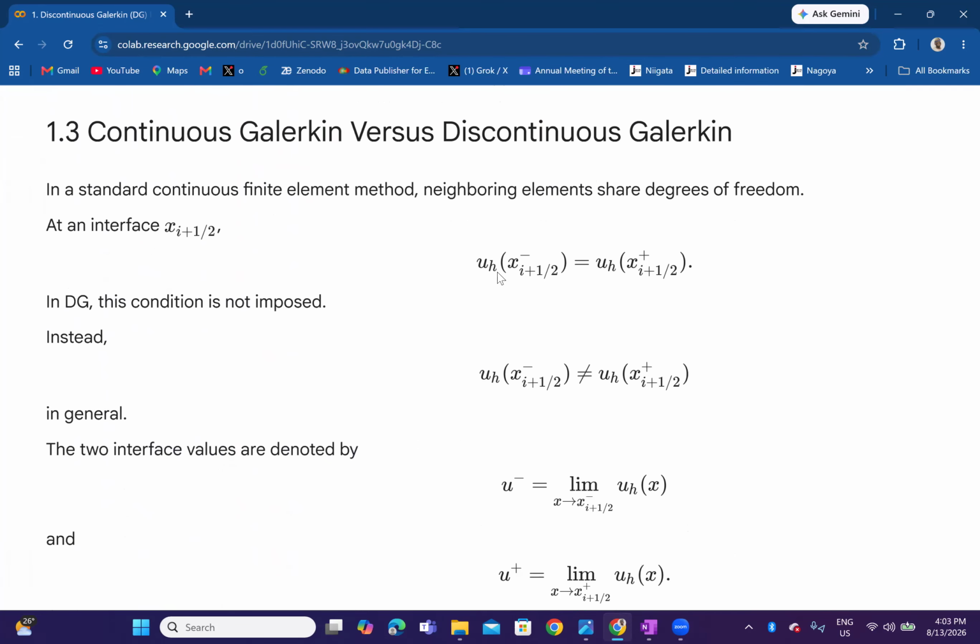So for that numerical approximation at the negative side, x negative sub i plus half, it is exactly the same thing as the numerical approximation u sub h at x positive. When we talk about x negative and x positive, we are saying something like this.